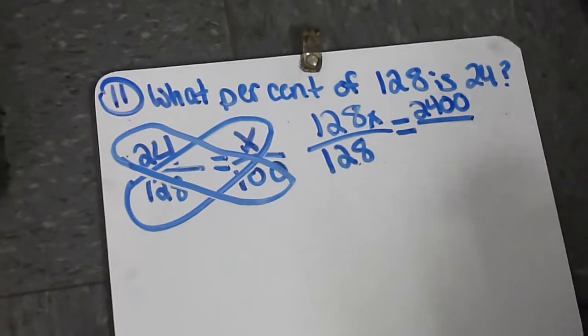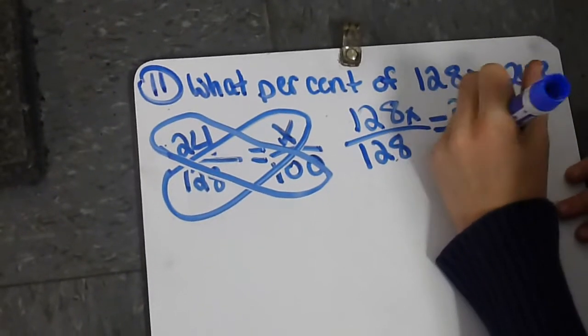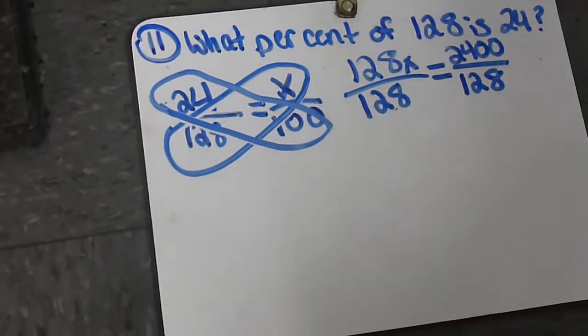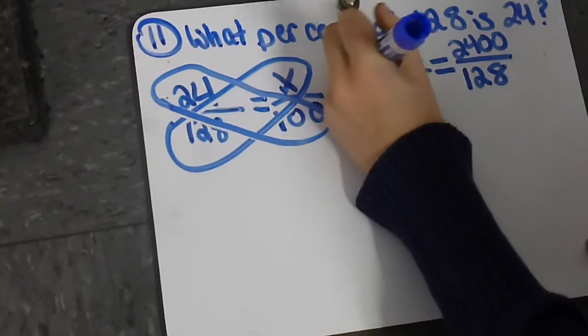Divided by 128. And if we do 128x divided by 128, it would equal x.